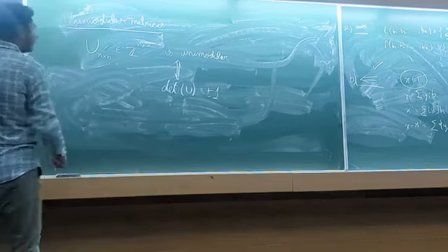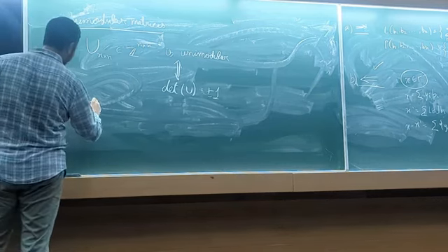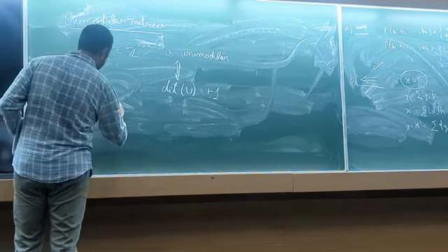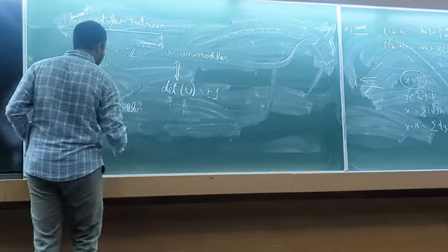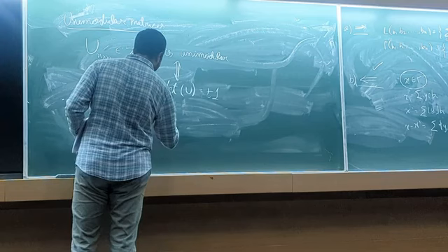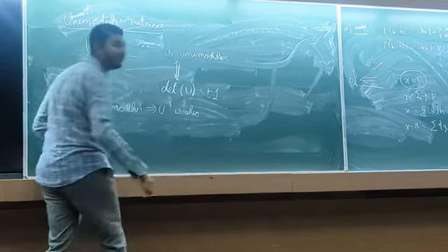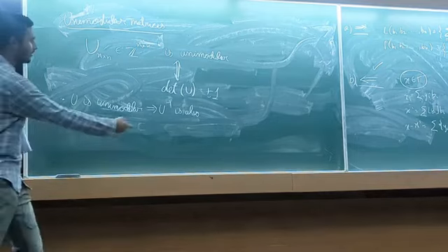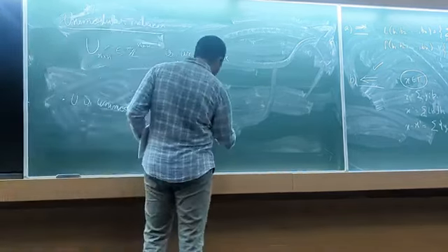And one important fact is that if U is unimodular, then U inverse is also unimodular. U inverse exists, of course, because the determinant is not 0, and it is also unimodular.